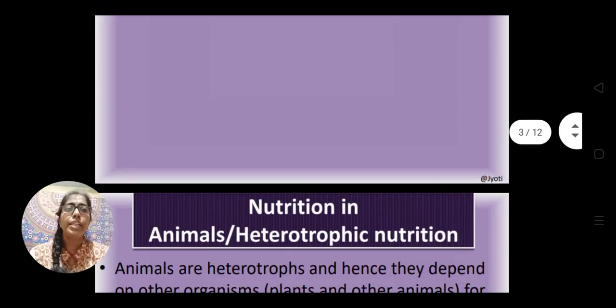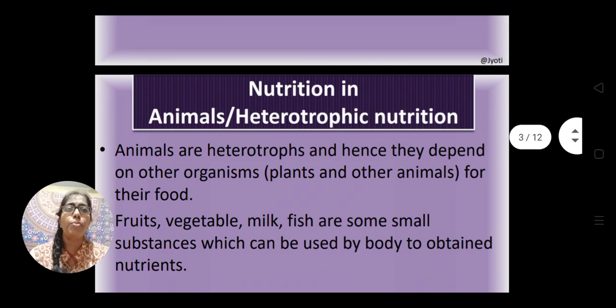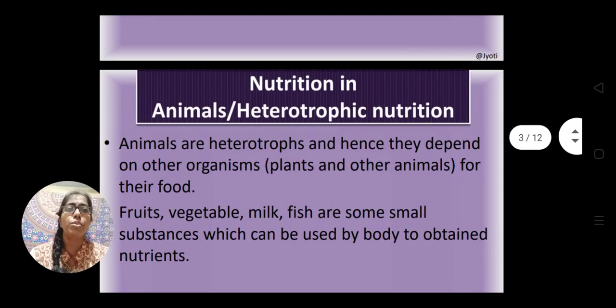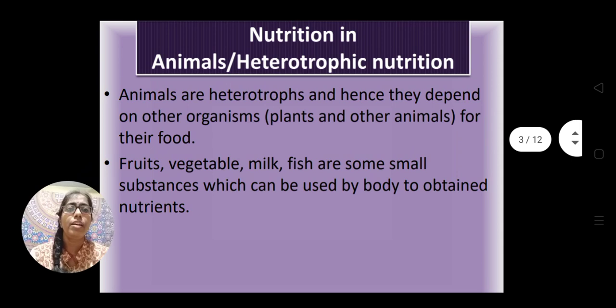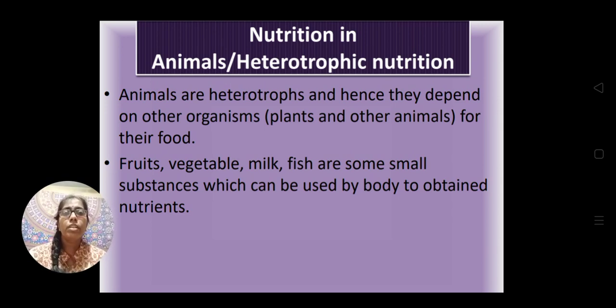Okay, so in simple animals the heterotrophic mode of nutrition is also simple, unlike complex animals. As I have already told you the definition of heterotrophs and the heterotrophic mode of nutrition, heterotrophic organisms obtain plant products, animal products or ready-made food from other organisms.